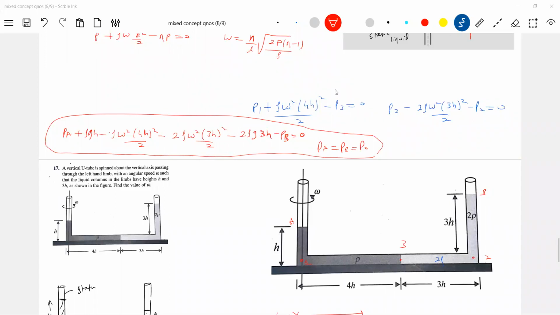Omega will be 5 under root of 5g by 41h. Check it. There's the manometric equation in rotating liquid columns. Please generalize it, very important in the exam because you have to save time.